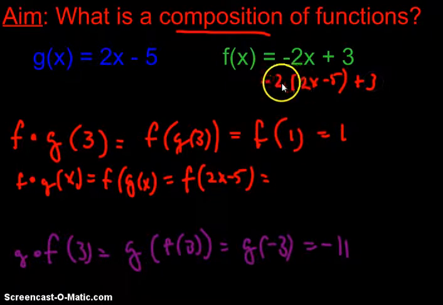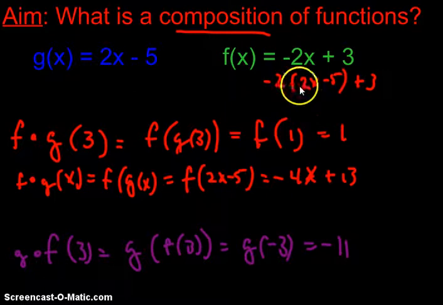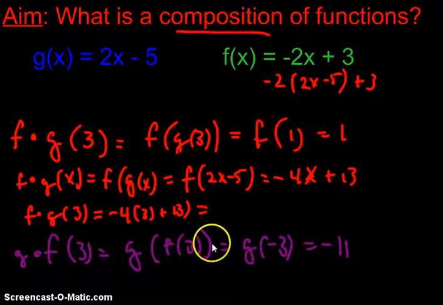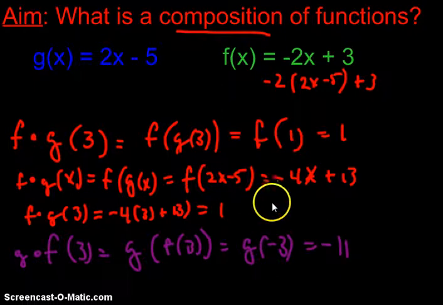So that's negative 4x plus 10 plus 3, or negative 4x plus 13. If we were asked to find f of g of 3, we could simply plug it into this function. So it's negative 4 times 3 plus 13, which is negative 12 plus 13, which is 1. Same value.